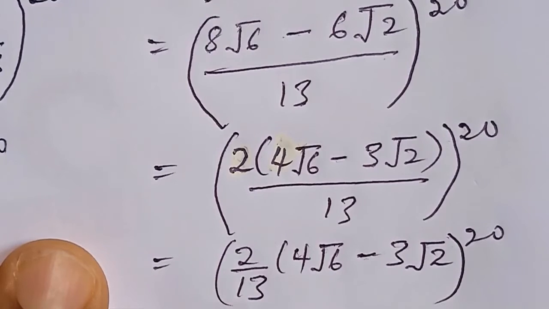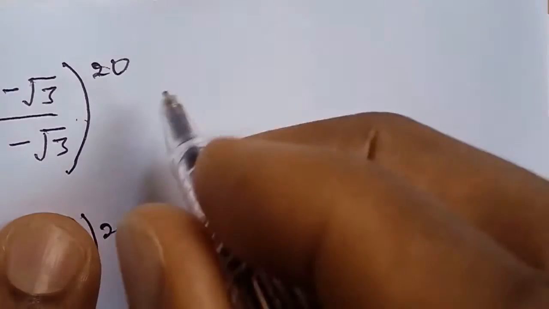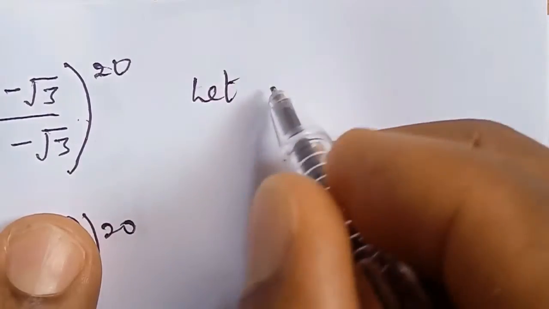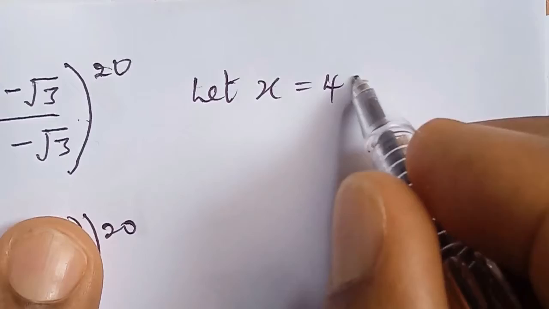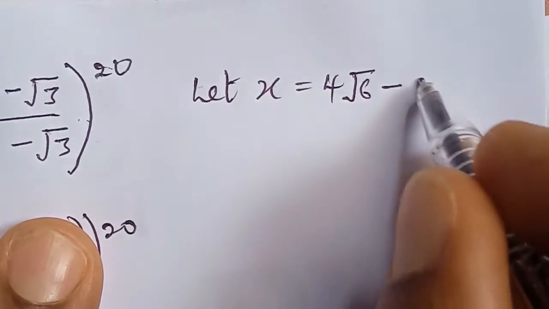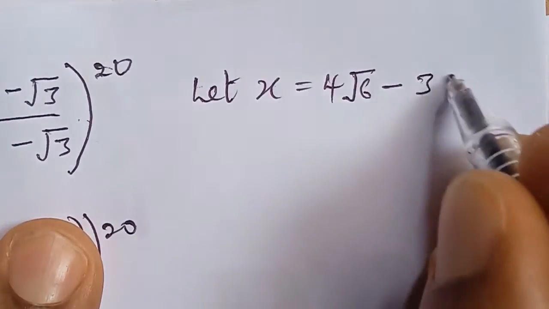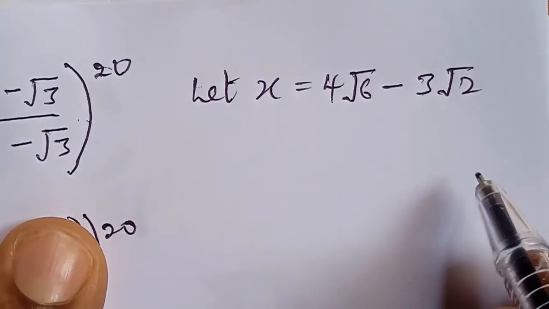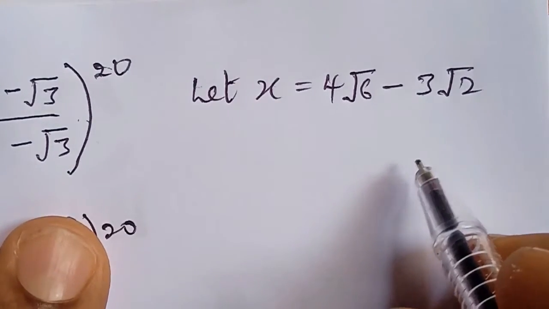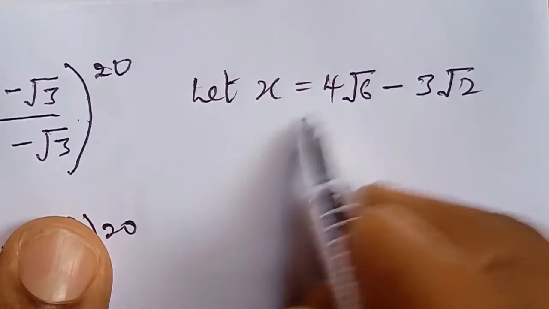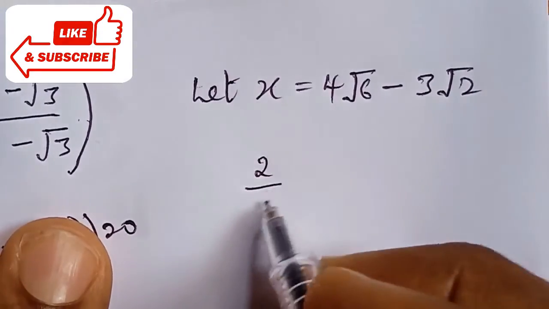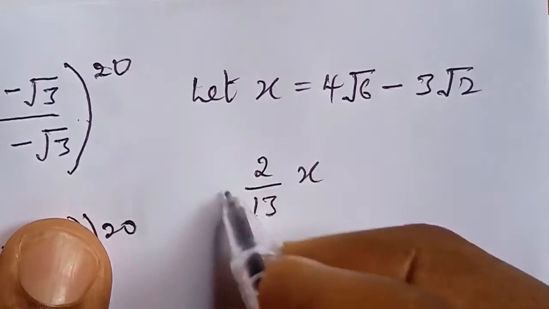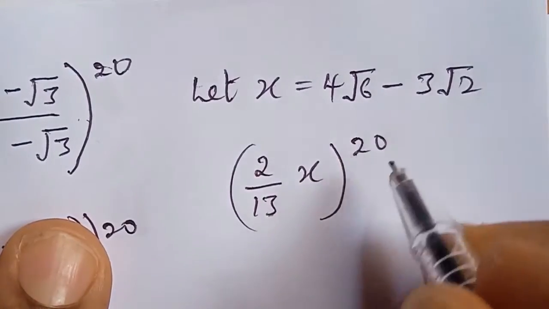Now from here, what we need to do is we let x be equal to 4 square root of 6 minus 3 square root of 2. So the whole expression can now be written as 2 over 13x to the power of 20.